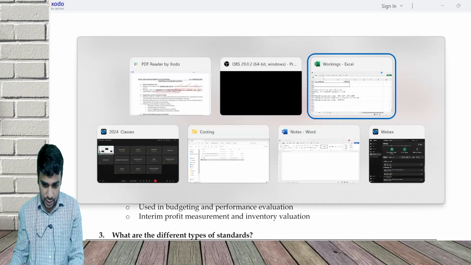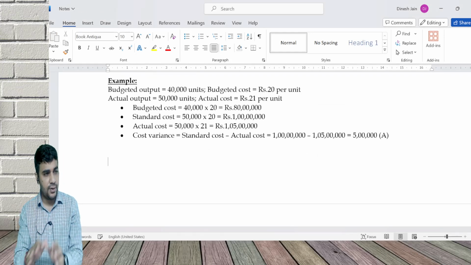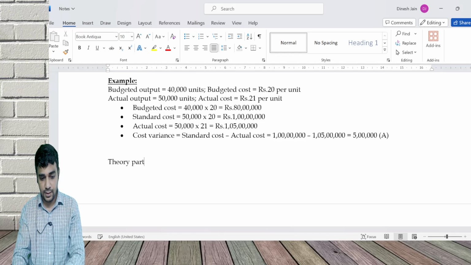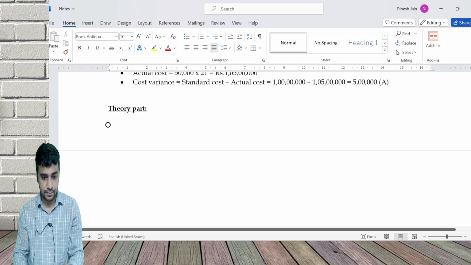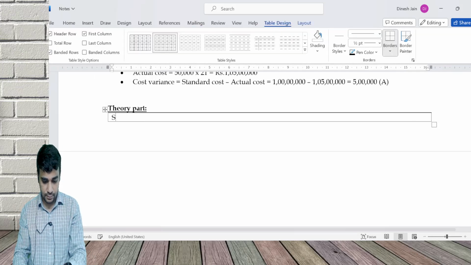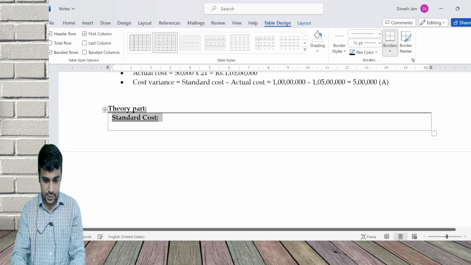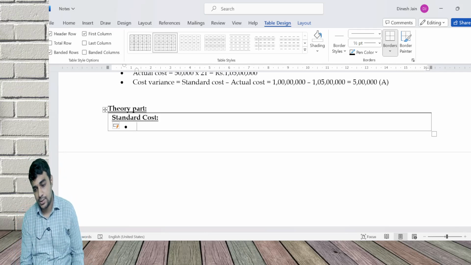Now go to the theory note. You would have written a lot of charts. After the charts, now we are writing the theory part. Standard cost.